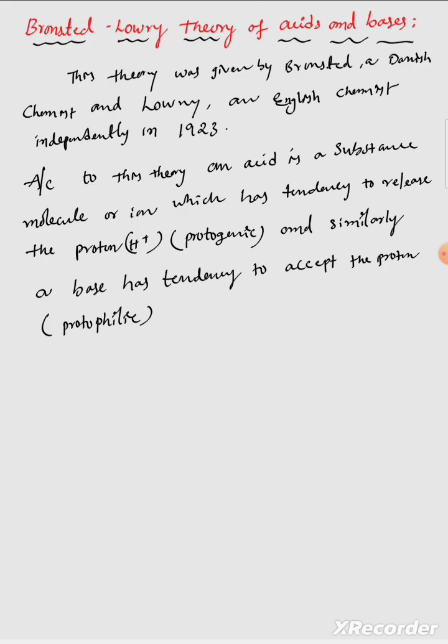For example, HCl and water form H3O plus and Cl minus. In this reaction, HCl is the proton donor, H plus donor, and it becomes Cl minus.